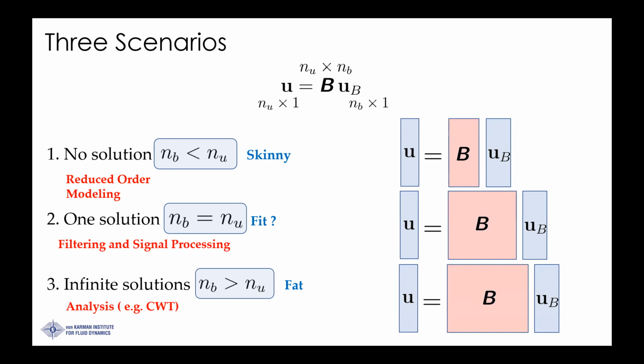So in this case, you have too many solutions. An example of that is a continuous wavelet transform, where you have many bases, which are all just replicas of the same that has been shifted, and you use it for analysis purposes. In that case, you're not really interested in being able to reconstruct your signal, but you're interested in looking for patterns in that signal. So you compare it with many bases.